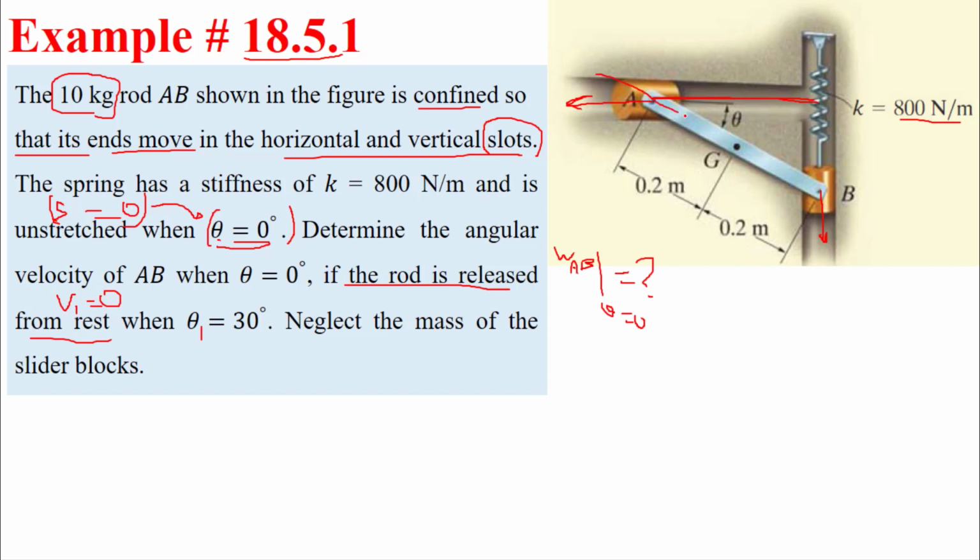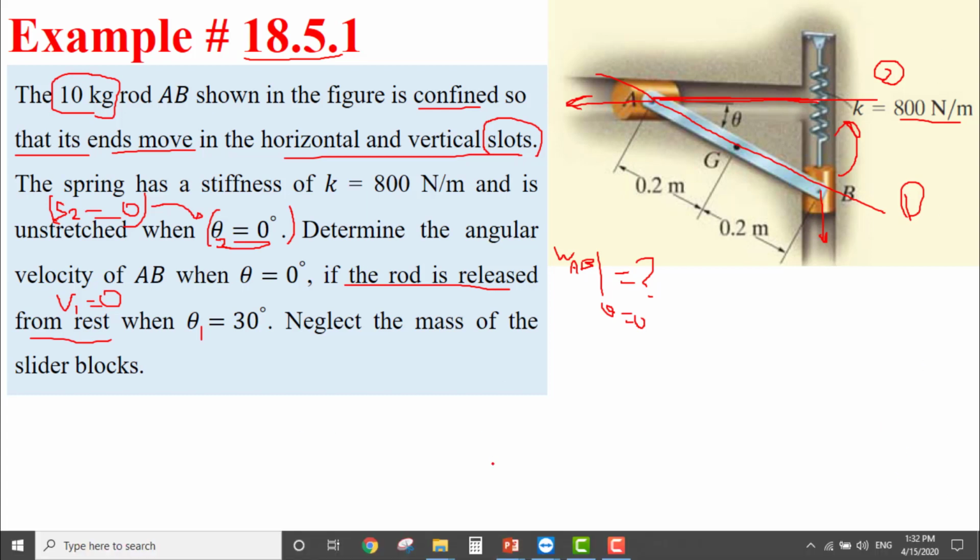This is state 1. Then we'll release it, and it will rotate like this until it reaches state 2. This is state 2, so this is S2, theta 2, and this one is theta 1, V1. Neglect the mass of the slider blocks, so we'll neglect the mass of block B and block A.